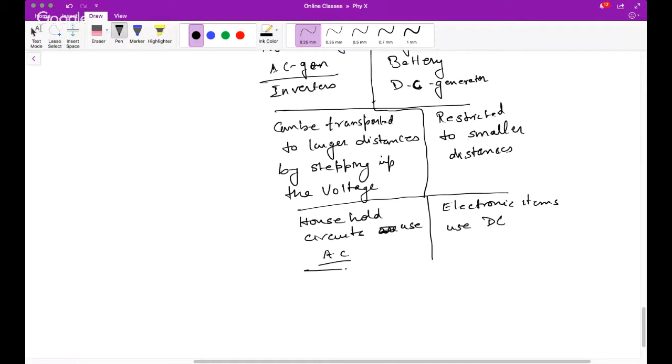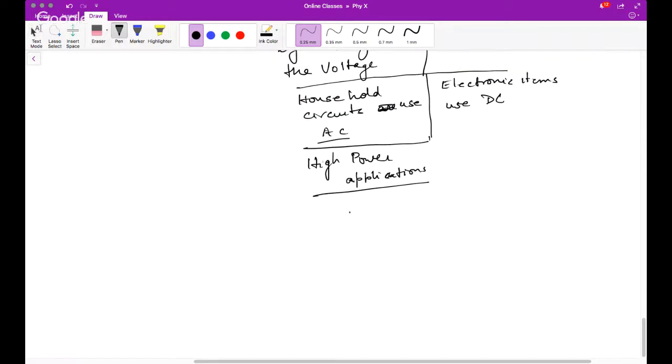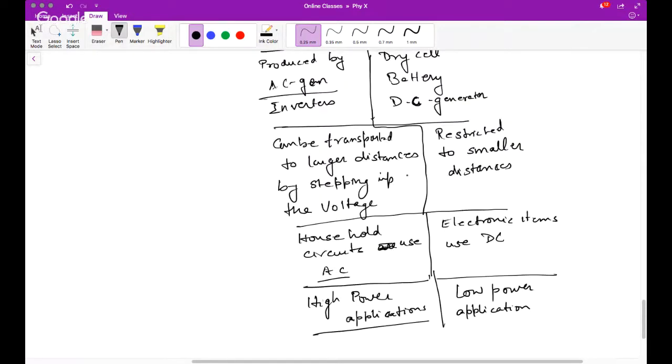AC you will see in high power applications, in industries, running big furnaces and motors. DC applications are usually low power applications.